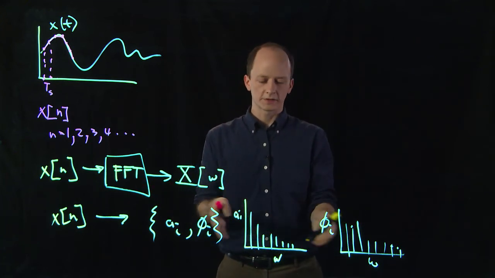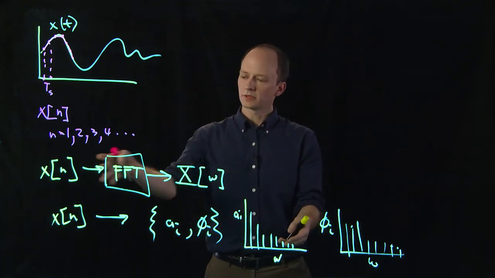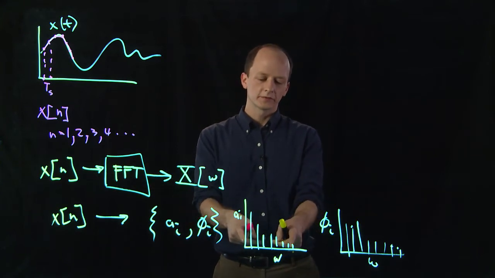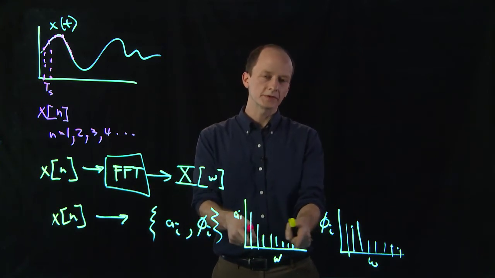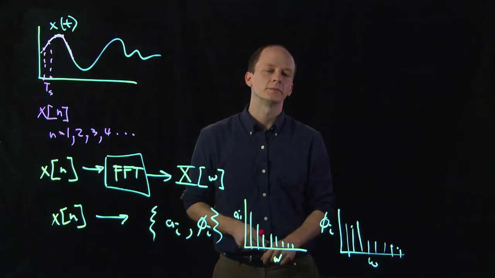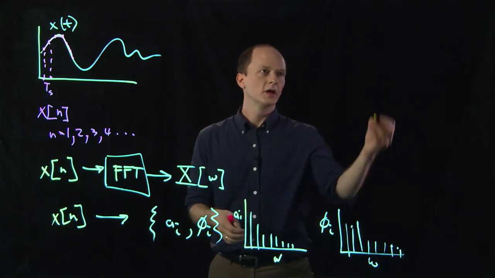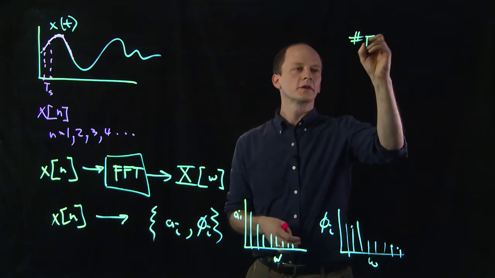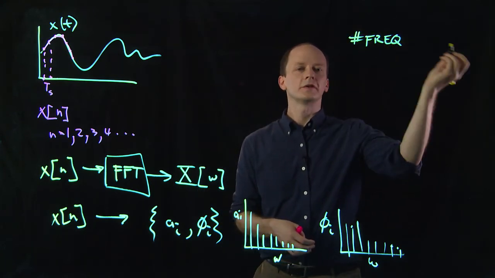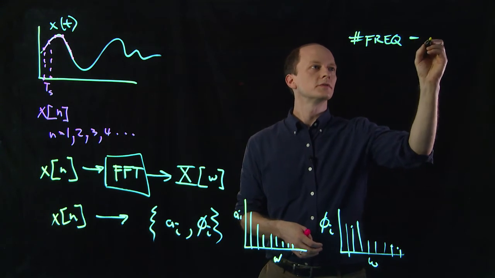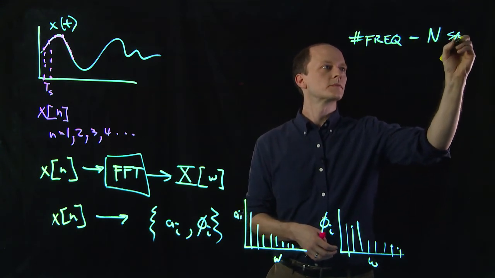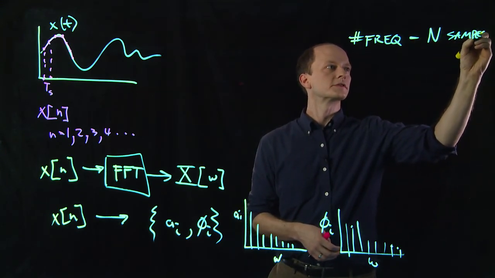Just some basic questions here. When we do an FFT, first off, what's the number of frequencies that are going to come out? I'm not going to go through why, but the number of frequencies returned by the FFT is equal to the number of samples in our original signal.